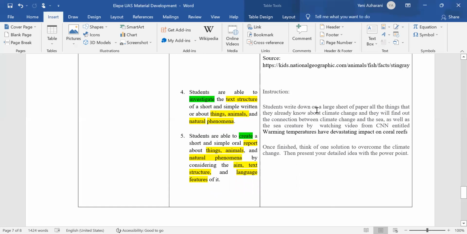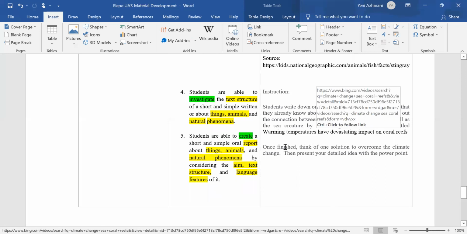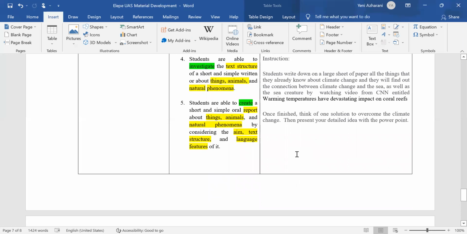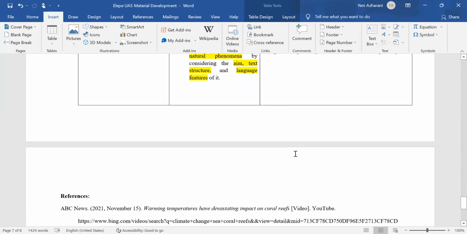So once they finish writing down what they already know about climate change, and once they finish watching a video from CNN, students will think of one solution to overcome climate change. And then they're going to present the detailed idea with PowerPoint. So that's the create part.